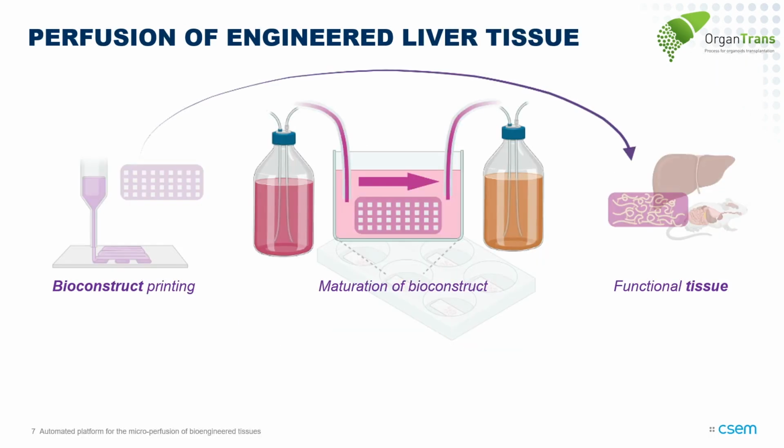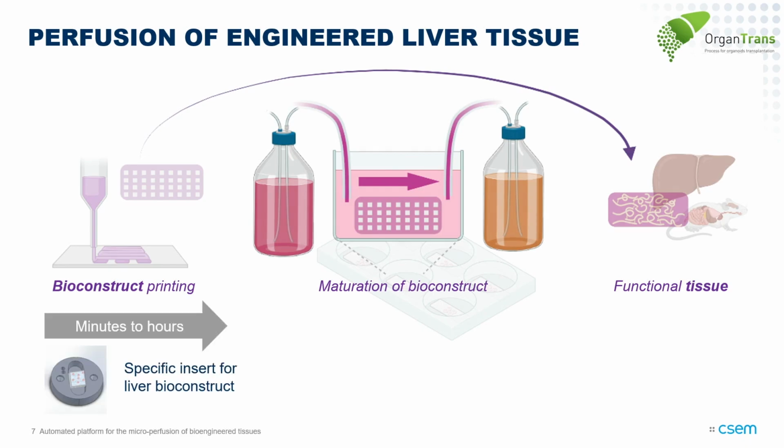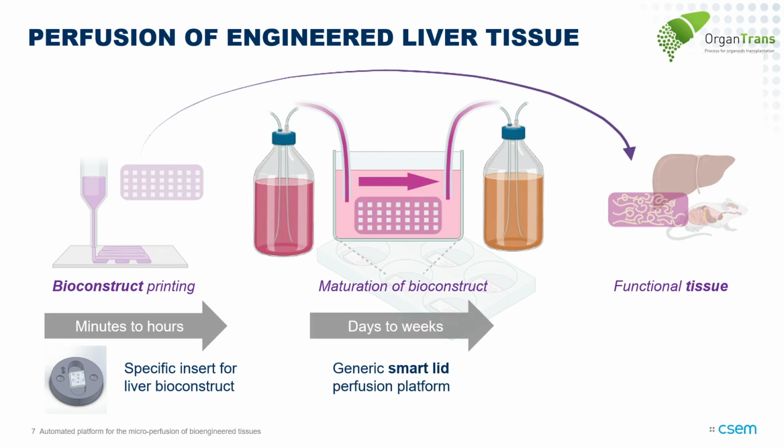Today we will really concentrate on how we can move from a printed bioconstruct into a functional tissue. And for that, we need to mature the tissue. We need to perfuse the tissue. When we bioprint the tissue, we also need a specific insert to hold the tissue, to print the tissue inside, and then to transport the tissue into the perfusion platform.